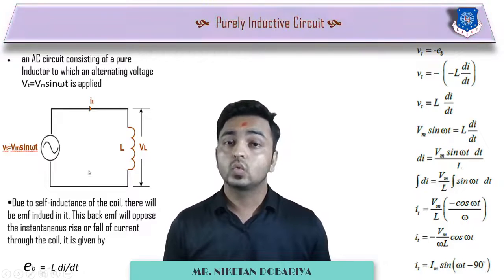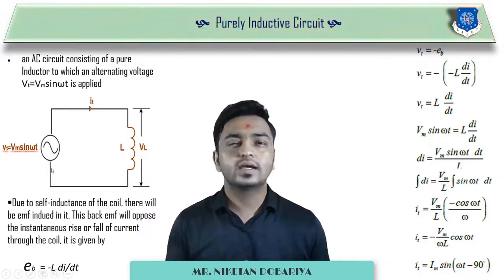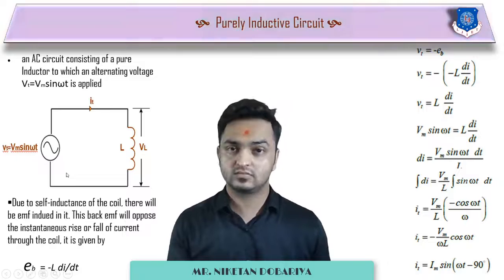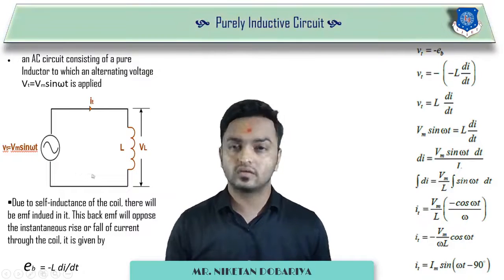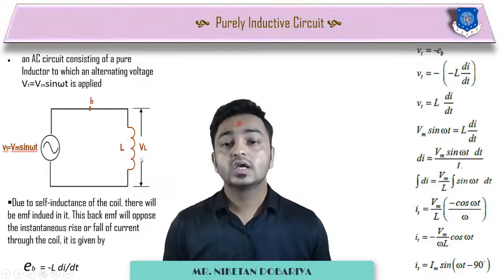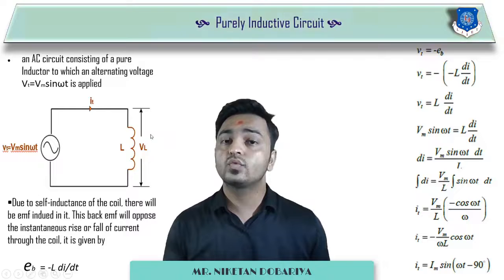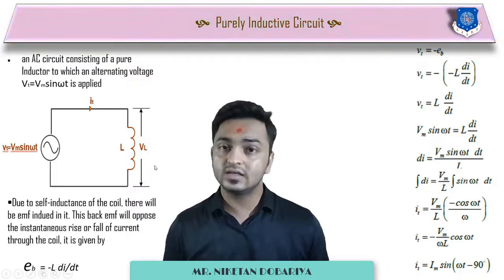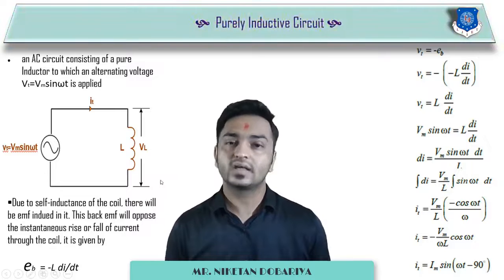Now we know that AC, alternating supply, is nothing but a variable supply. When we provide alternating voltage to an inductor, AC current is provided to this inductor, and that will produce variable magnetic flux.